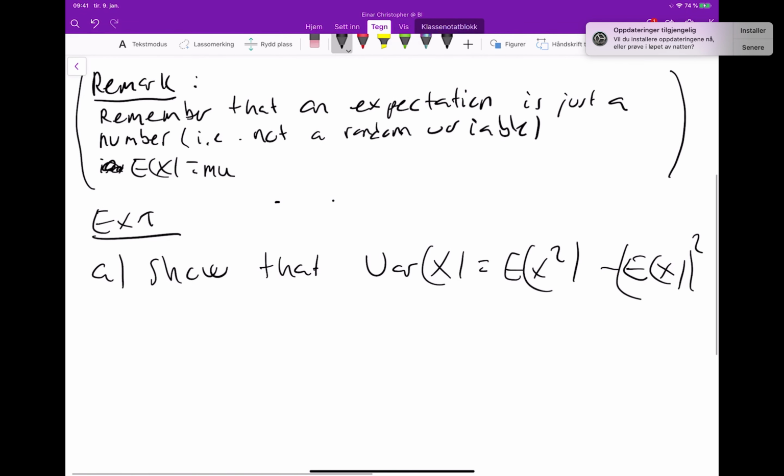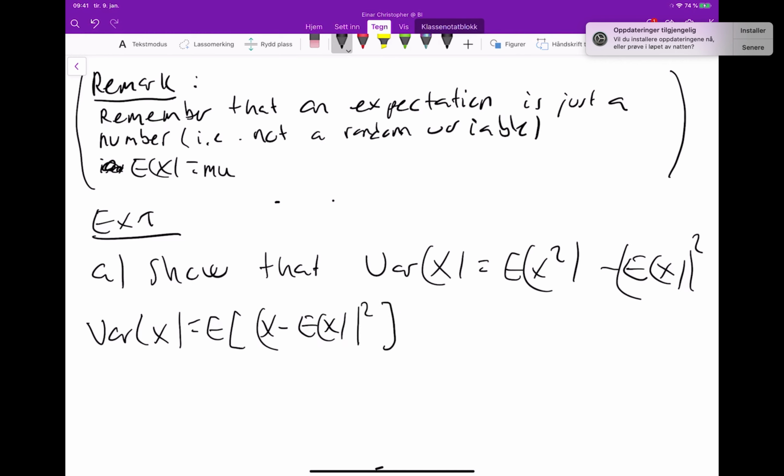Okay, then we have to use rule 3 above. So the variance of x is equal to the expectation of x minus the expectation of x, to the power of 2.